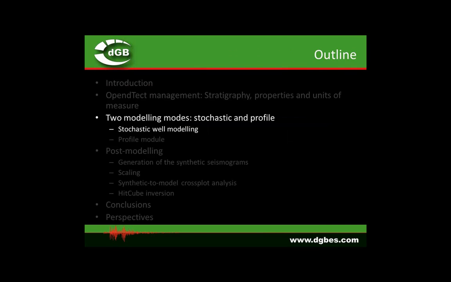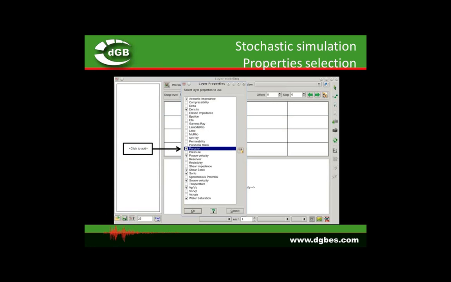Let me now present you in some more details the stochastic well modeling. This is an example of an empty stochastic layer modeling window, where you see more or less nothing. You only see click to add, and if you click right here in the model description part, you'll get this pop-up window where you do recognize the list of the properties we saw in the manager beforehand.